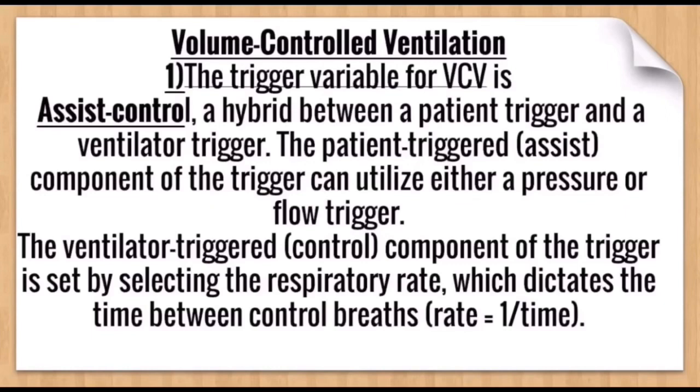Here in volume control ventilation, trigger is assist control, the hybrid mode of triggering where both patient as well as ventilator is triggering, patient by means of change in the flow or pressure and ventilator by setting the respiratory rate.